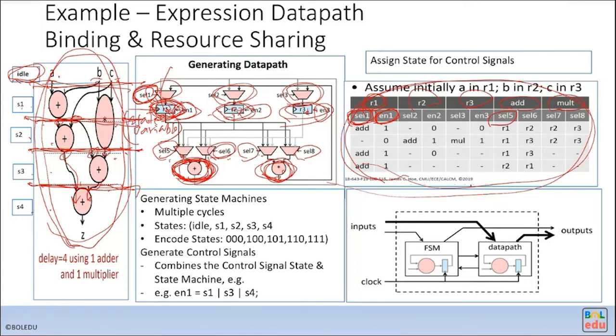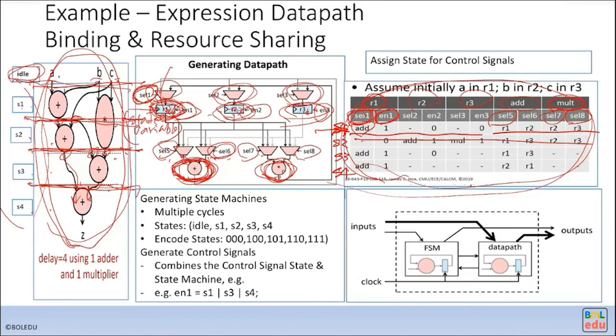You have a two-operand select, and for the multiplier, you have a two-operand select. And then you look at each cycle, you can draw a table like this one. So that's for state 1, state 2, state 3, state 4, mapping here. So from that, you can draw this table.